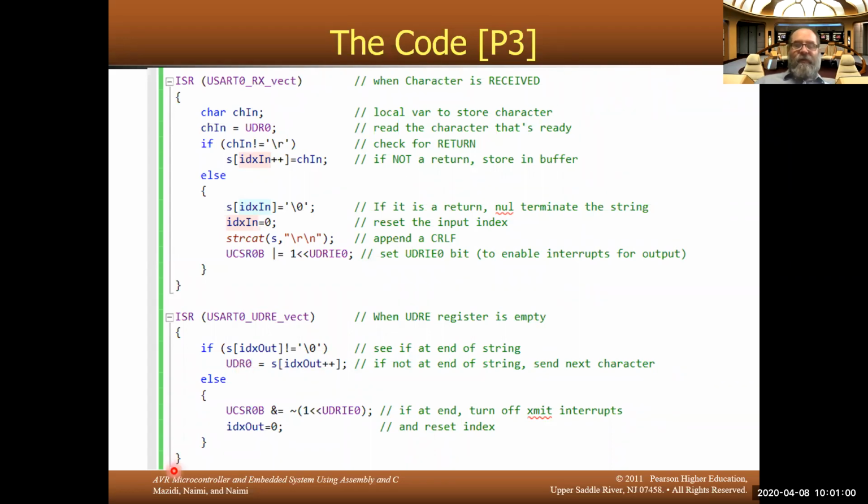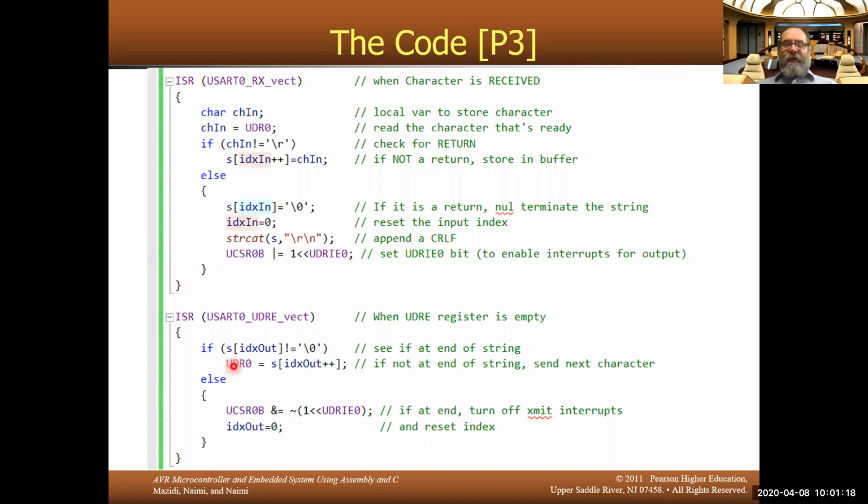And I return. What happens now? No interrupts are going to get generated until the S in, I take that back. Okay, I've sent the S in Star Trek to the data register.